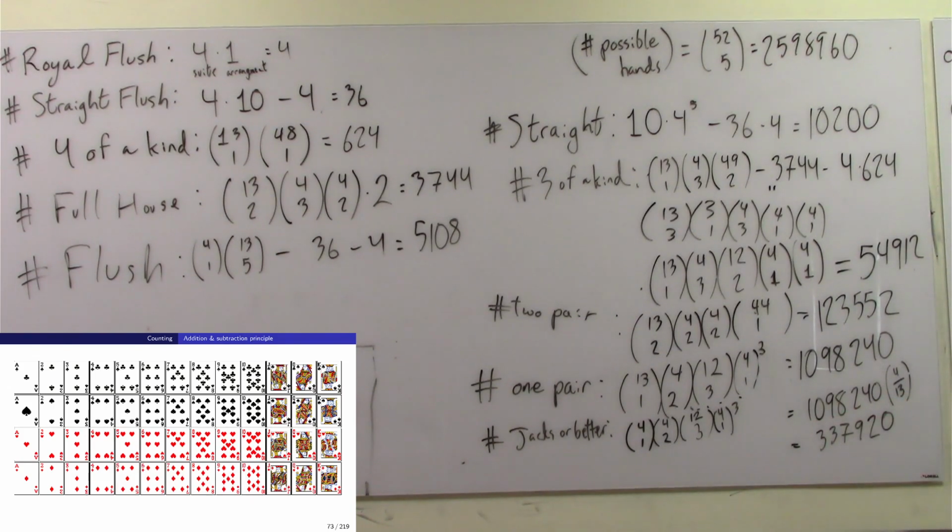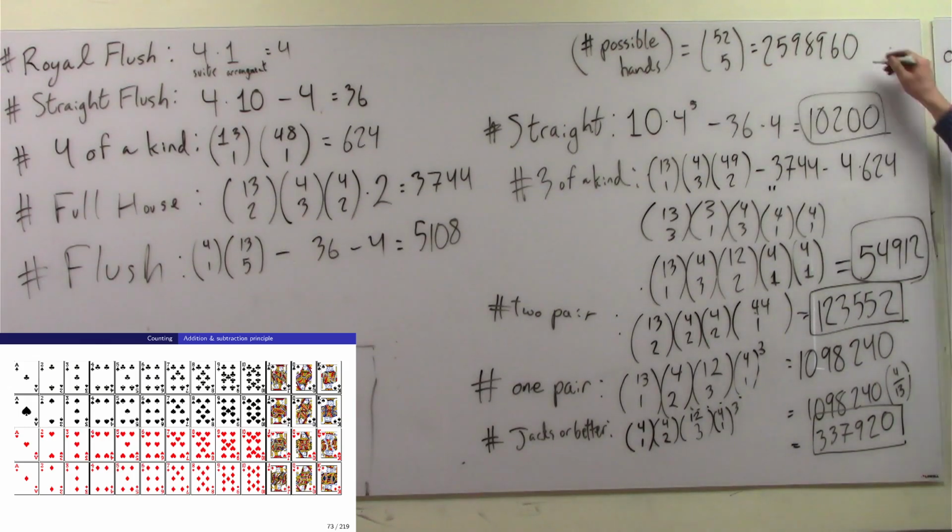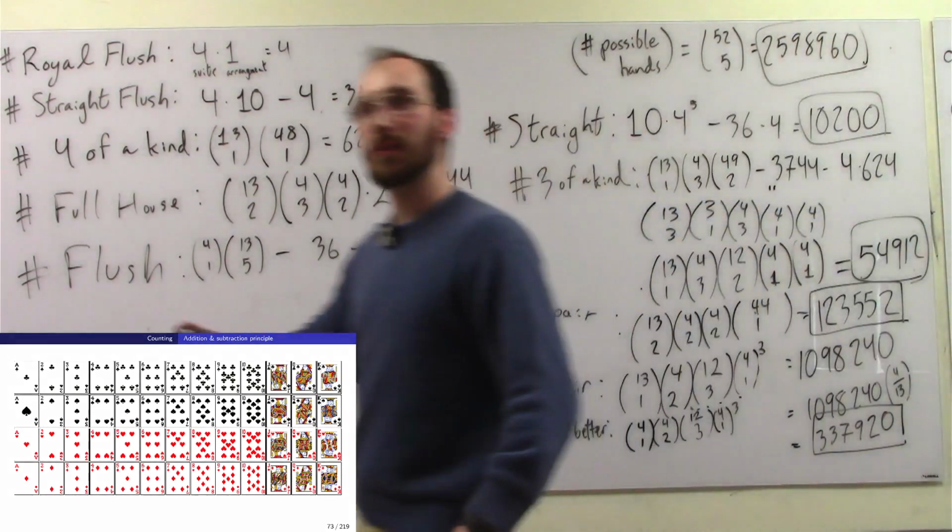And what's really nice to see too, if you do gamble, is that there are still more jacks or better hands than anything that we've seen thus far, like two pair or three of a kind. Would queens or higher be less? Is that why they cut it off there?